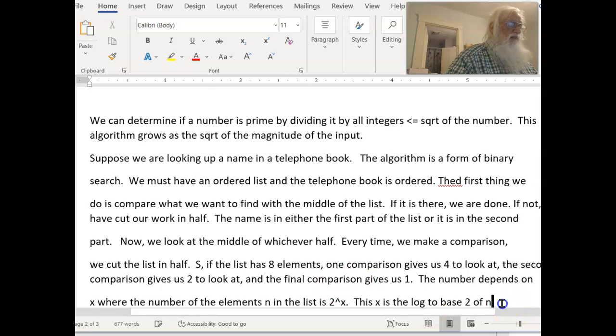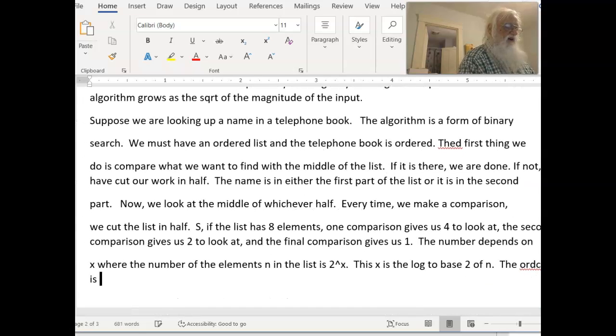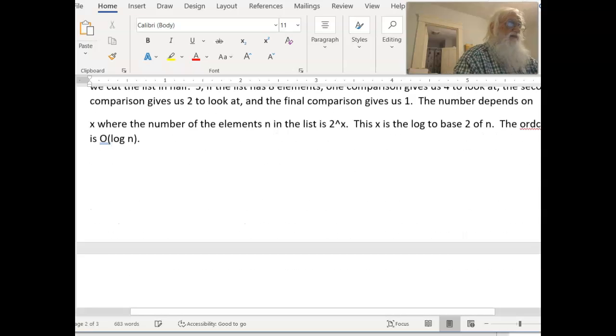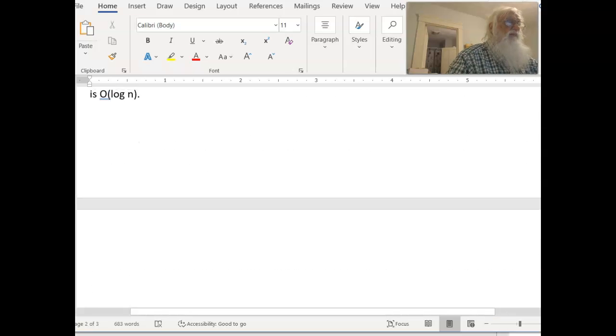Now the order is order log n. This is a better algorithm than a linear algorithm.